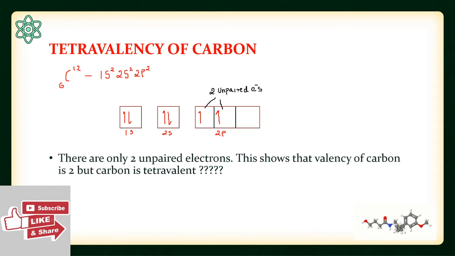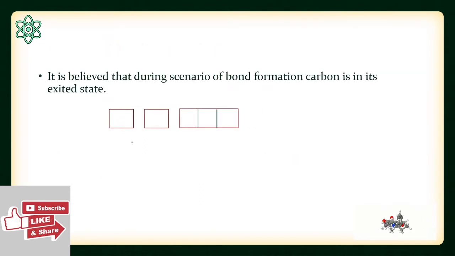This shows that the valency of carbon is 2, but carbon is tetravalent. Carbon does not have valency 2. It is tetravalent. So it is believed that during bond formation, carbon is in its excited state.